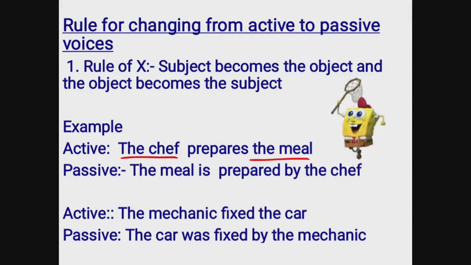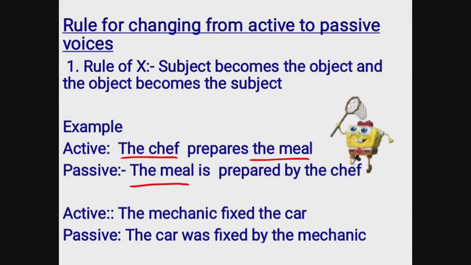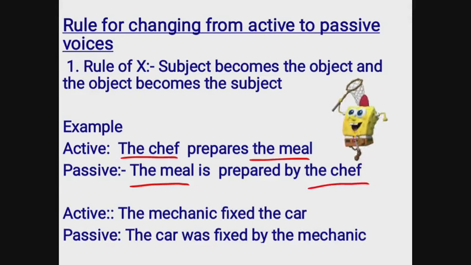Now, when changed to passive voice using the X rule, there's going to be a flip. The passive voice says the meal is prepared by the chef. So here is now our new subject, and the chef has now become our object.